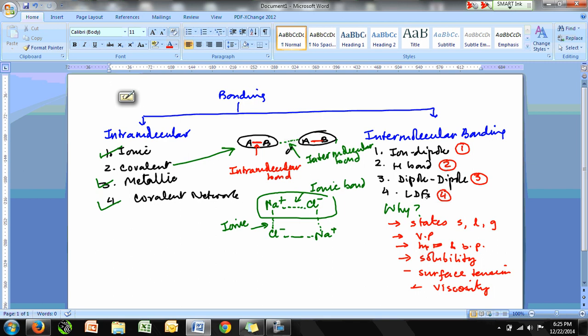If it is an atom with a large number of electrons, with a large possible distortion, the London dispersion forces will be significant, and there could be a case where LDFs are greater than dipole-dipole attraction. You would not be able to predict it, but if you are asked to justify, then you should be able to justify that. For prediction, you'll always say ion dipole is stronger than hydrogen bond, followed by dipole-dipole, followed by London dispersion forces. Now let's look at each of these forces.